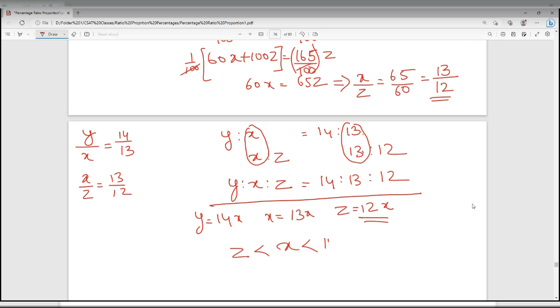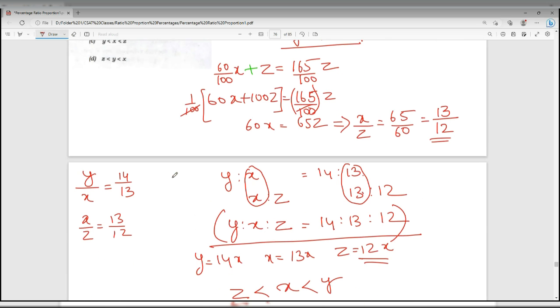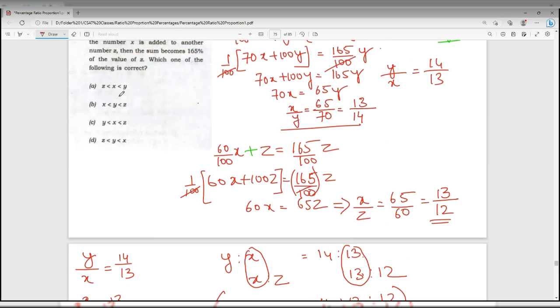After that is, sorry, y, that is 14x. This is the inequality because we have got that ratio. So the correct answer is z x y, the first option.